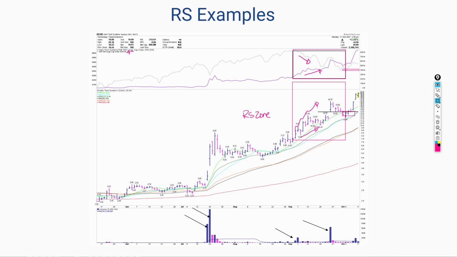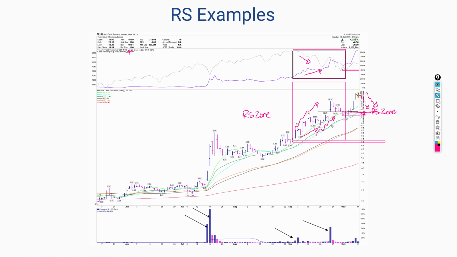So I view this area as an area where if price does come in eventually, we will likely be supported by this particular RS zone. So even though the low of this RS zone is all the way down here, the high of this is here, so it's logical to be watching this area, so that if and when price comes in, we would see support in this area because the stock was bucking the trend.